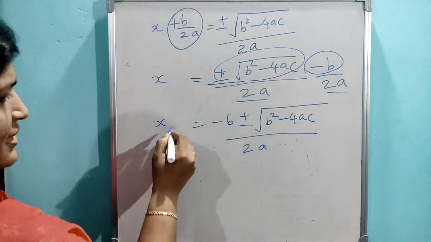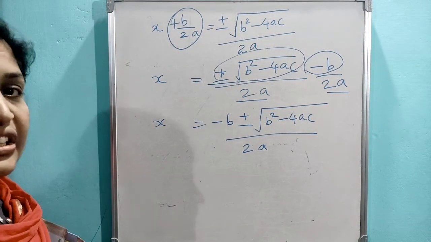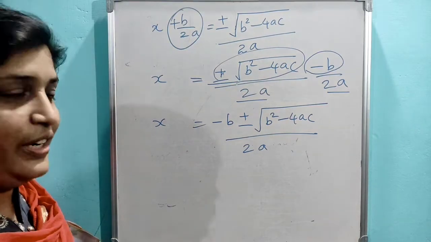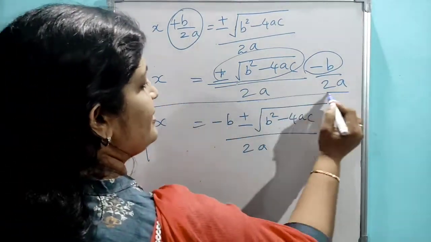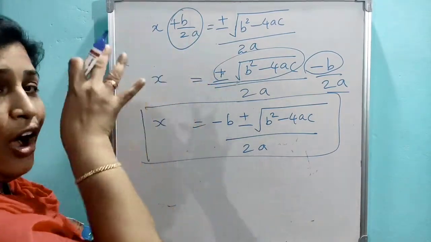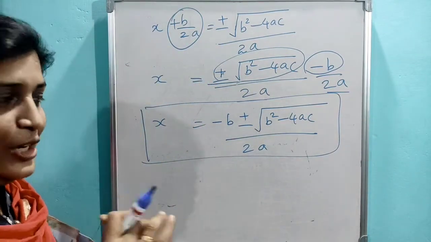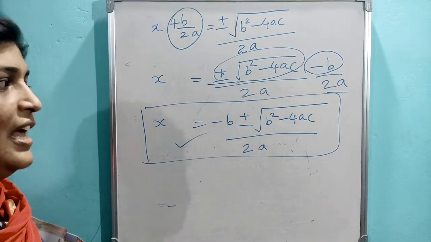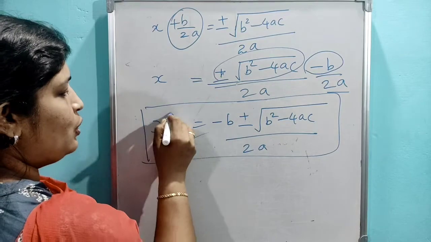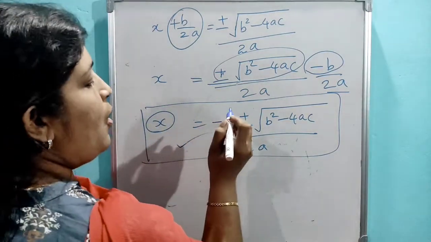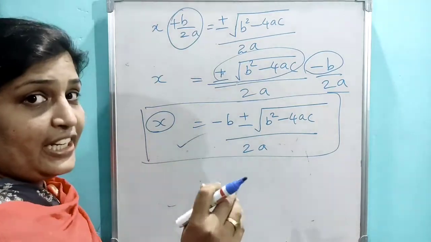So it's very difficult, right? This derivation is actually very difficult, but don't worry, we need only this result. No need of all the steps. So what is the result? The solution of a second degree equation.